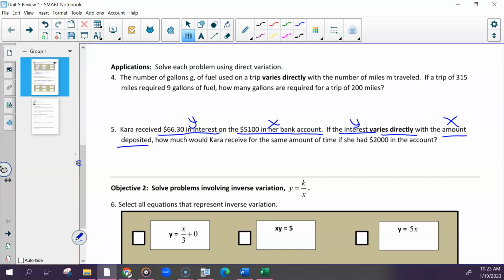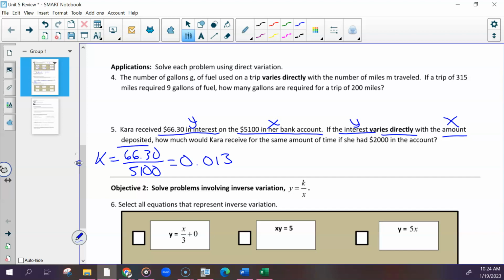We can use those two numbers we were given to find our k value. So 6630 over 5100. What would that be? It is going to be a decimal. So we have our k value.